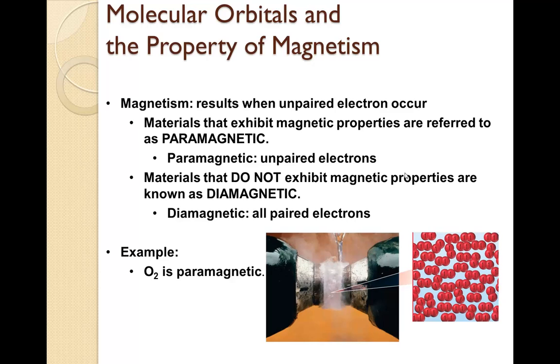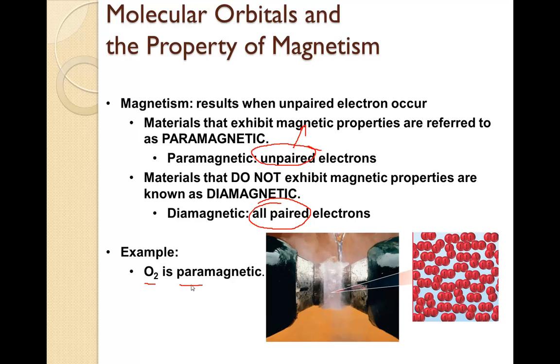Paramagnetic materials have unpaired electrons. So the unpaired electrons have magnetic properties. Materials that do not exhibit magnetic properties are known as diamagnetic, and they have all paired electrons. Oxygen is another example of a paramagnetic compound.